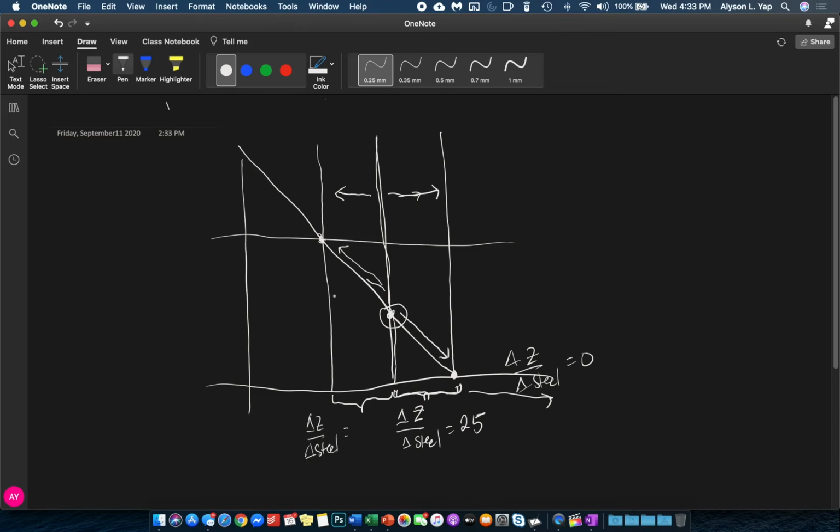and in this case, this is where we will be computing for this change in Z over change in steel. So how do we now compute for this change in Z over change in steel for this range? In order to compute the change in Z over change in steel, we first need the original optimal solution.